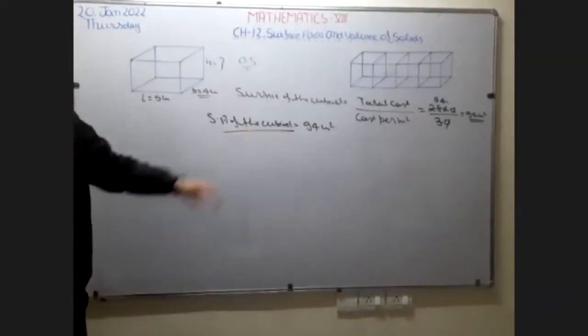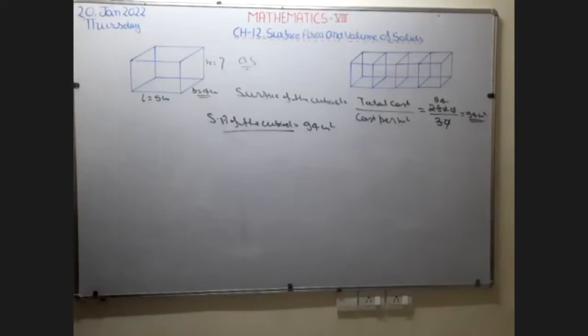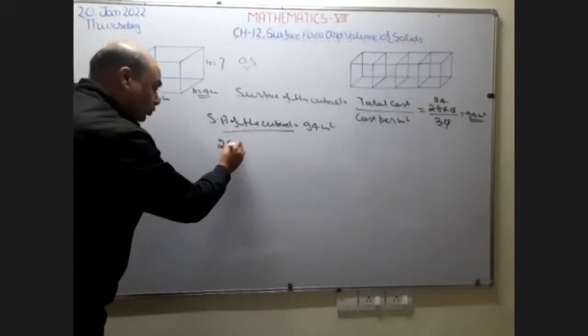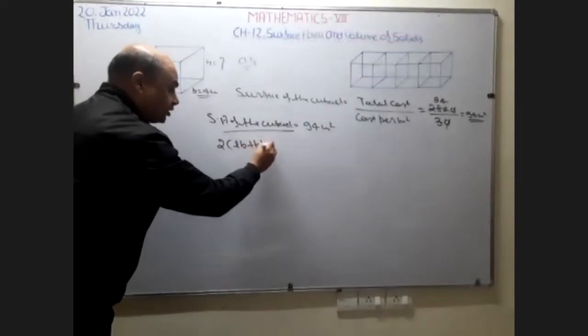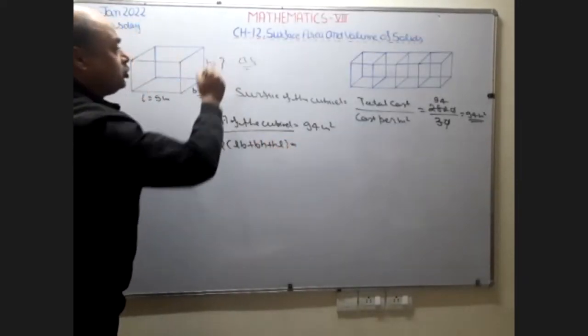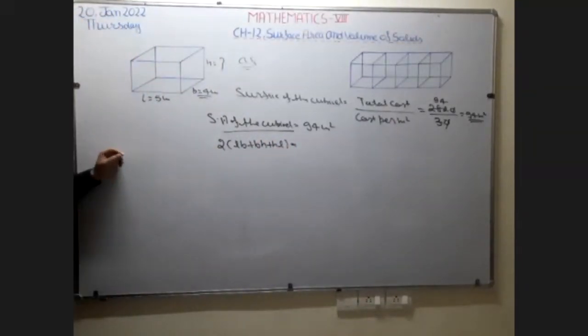Now I want to use a formula again. What is the formula for finding the surface area of the cuboid? Send message to me, beta. Okay. So the formula is 2 into (LB plus BH plus HL), the same formula which we used in the previous questions, question number 6 and 7.